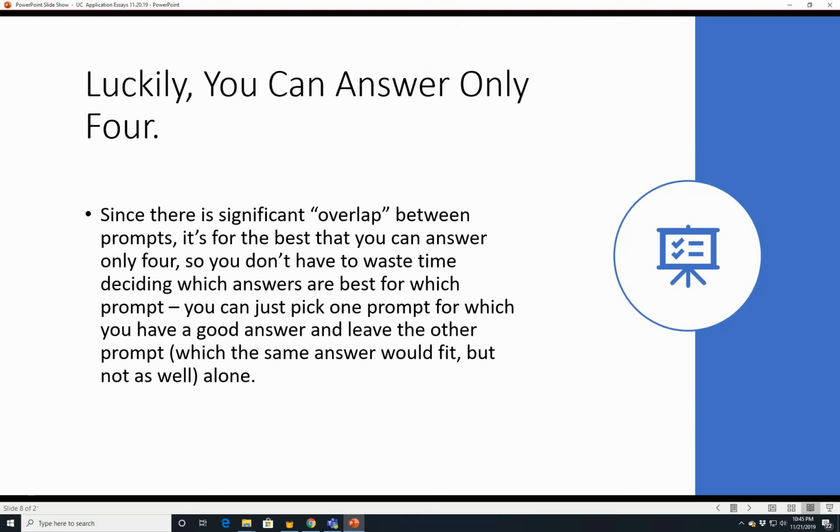Hopefully you'll quickly understand which answer is going to be better matched to which prompt, and leave the other prompt that might also fit, but wouldn't fit as well alone. So that way you can just very quickly go through that.